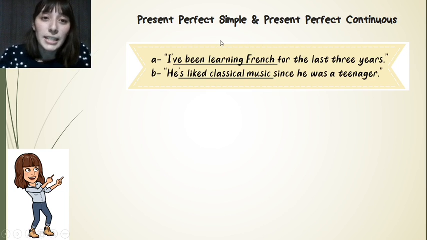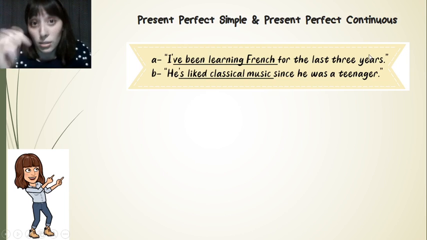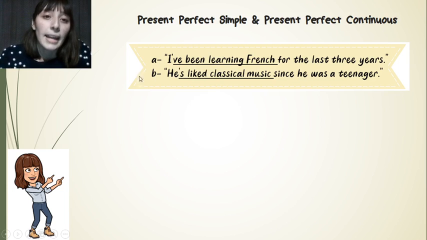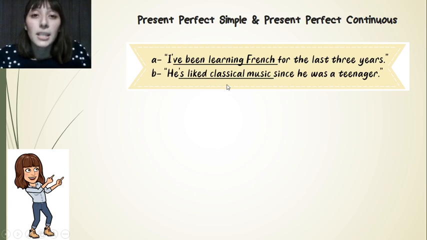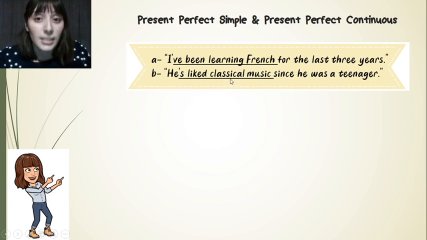But have a look at example A. It says I've been learning French for the last 3 years. It means that we continue learning French today. And B says he's liked classical music since he was a teenager. This also means that the person still likes classical music.